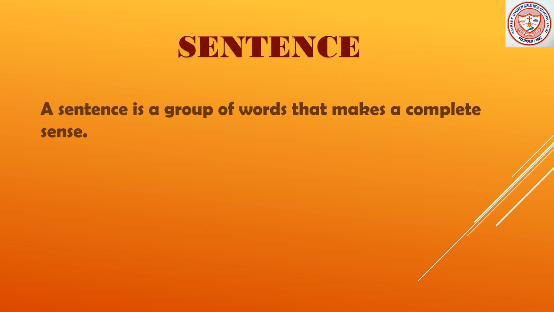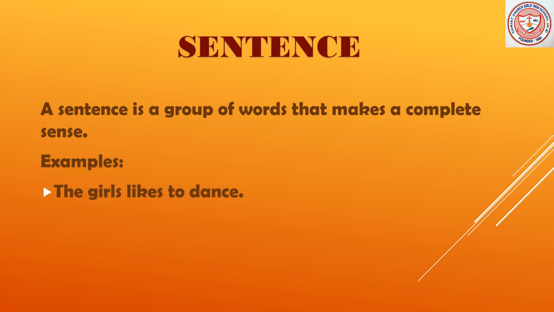So, students, you have to remember one thing. A sentence always starts with a capital letter and ends with various punctuation marks according to the meaning of the sentence. So, let's go through some examples.